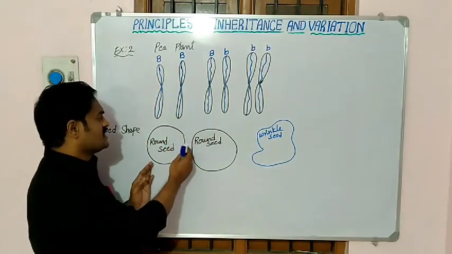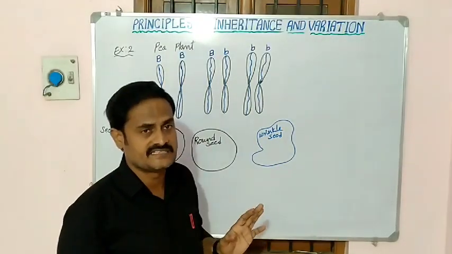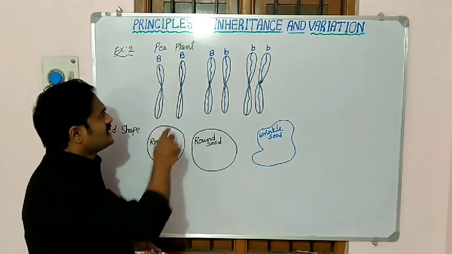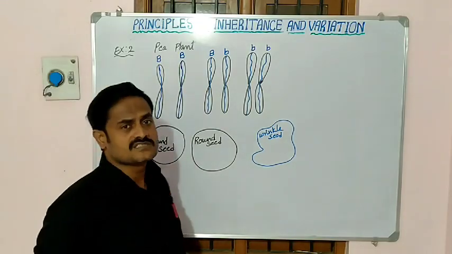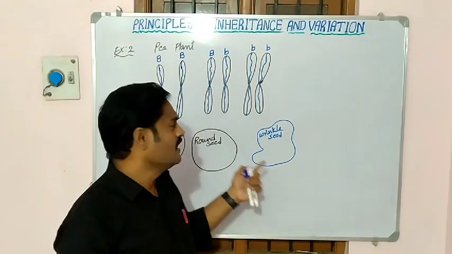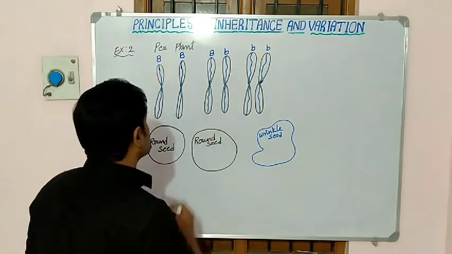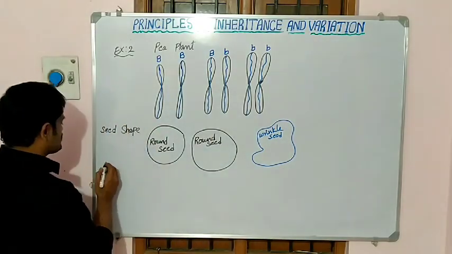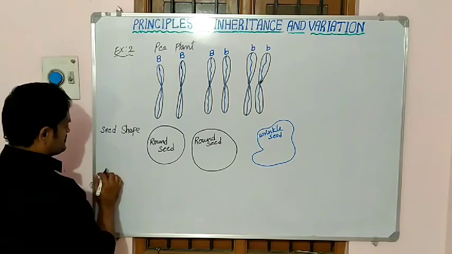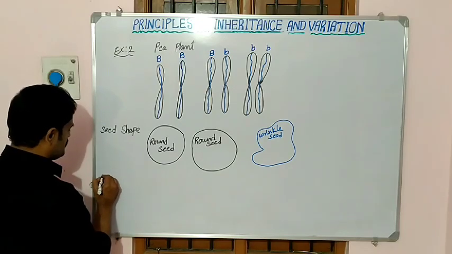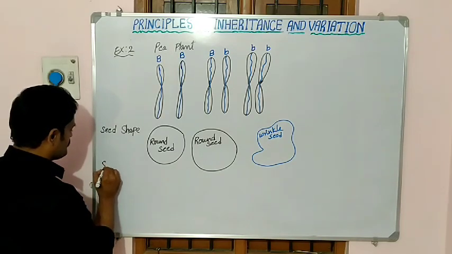It controls the shape of the pea seed. Okay, and it also controls one more character in the pea seed. What is the one more character? That is the size of the starch grains.